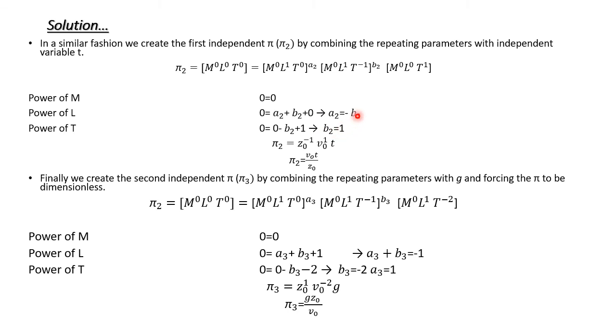When I substitute here I'll get the value of a2, so a2 is minus 1, b2 is plus 1. I'll substitute the values of a2 and b2 in the pi 2 equation. When I substitute it is z0 to the minus 1, v0 to the 1, t. So z0 to the minus 1 I can take in the denominator, so v0 t by z0. So I got the pi 2 term: pi 2 is equal to v0 t by z0.